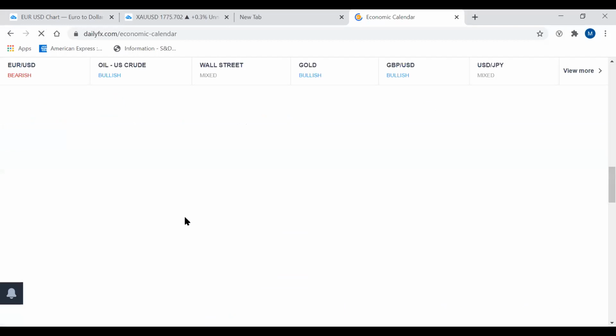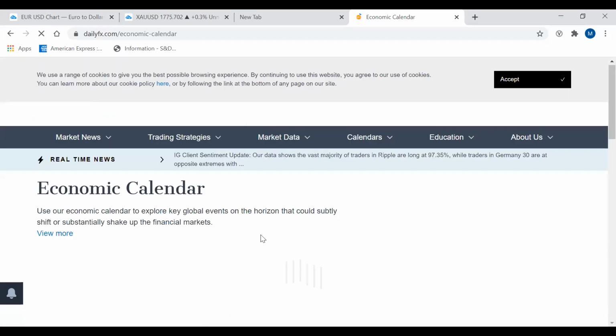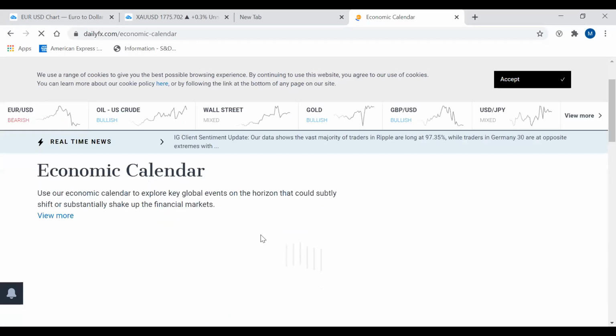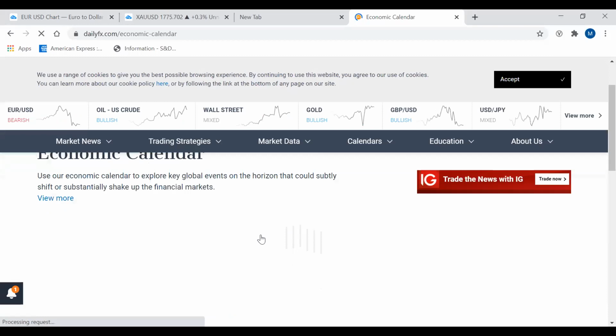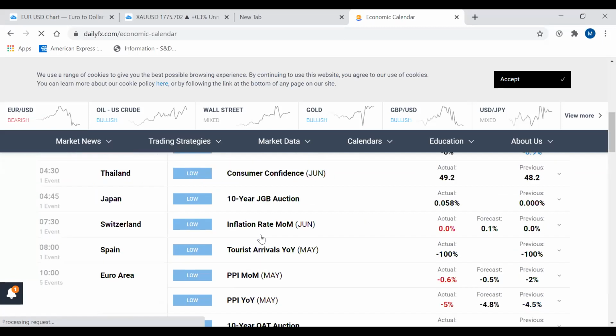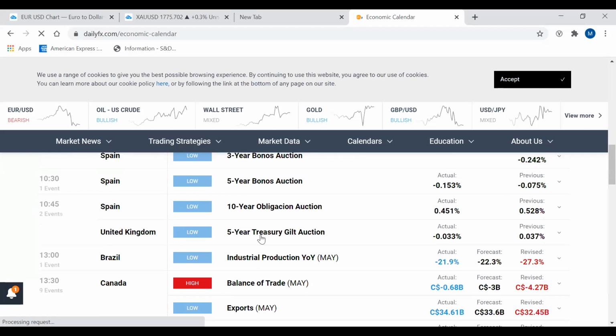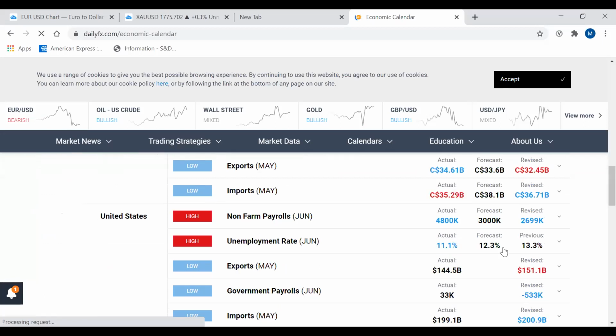You can select the high, and it will show you what news is coming up, and it will also tell you what potential impact that piece of news can have. So I scroll down to, right, cool.